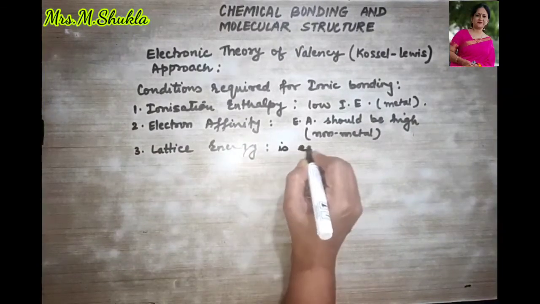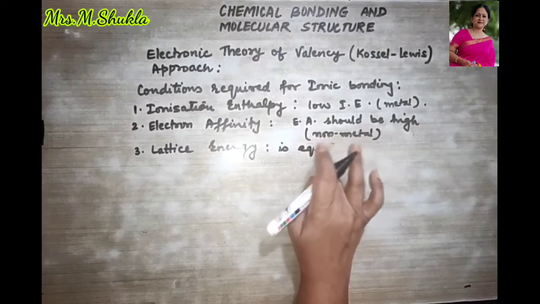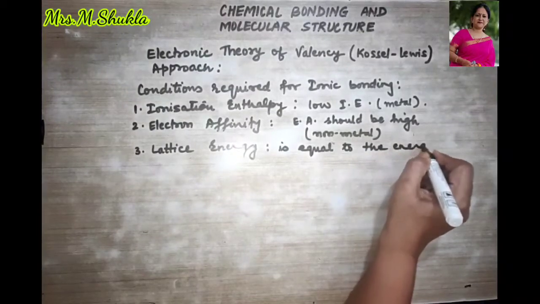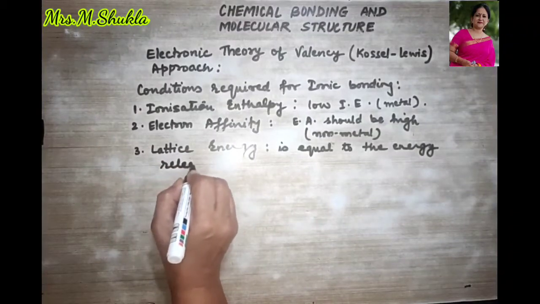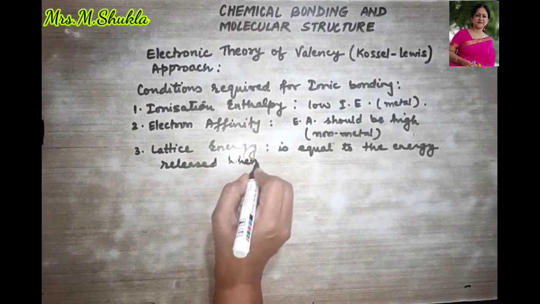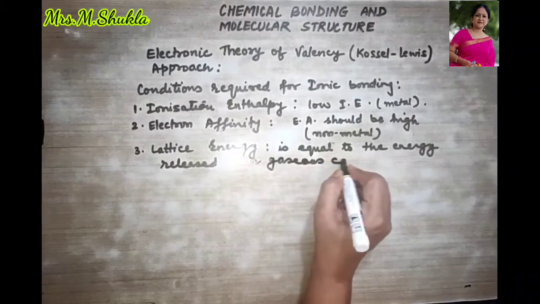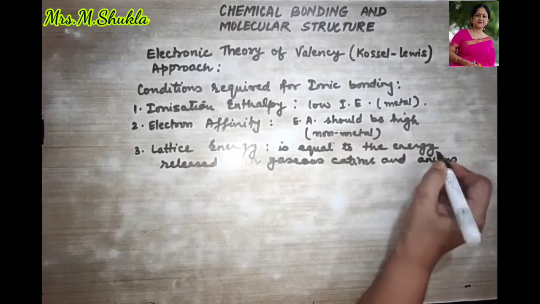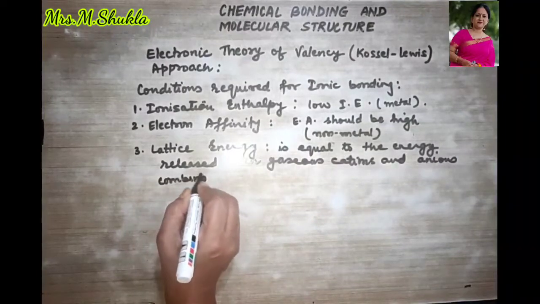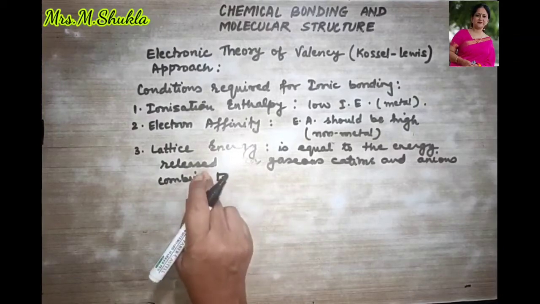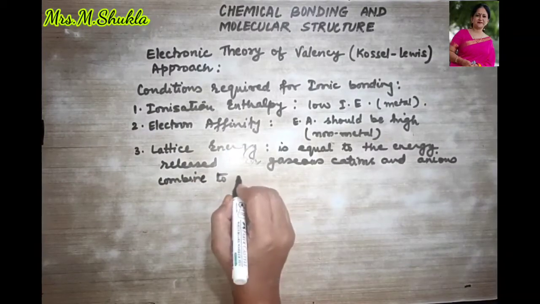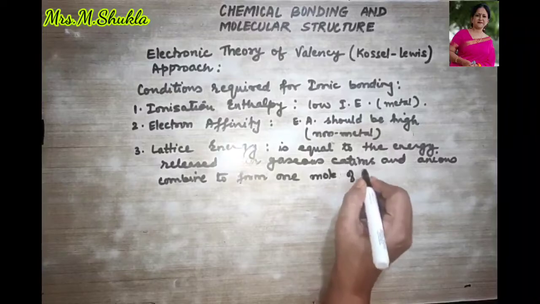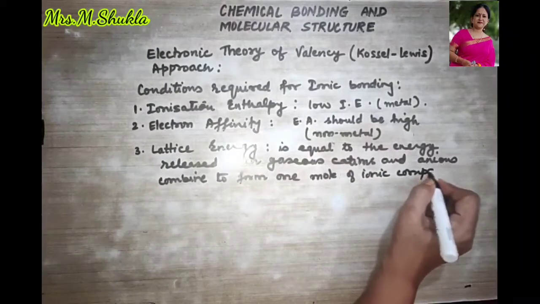Lattice energy is equal to the energy released when gaseous cations and anions combine to form 1 mole of ionic compound.